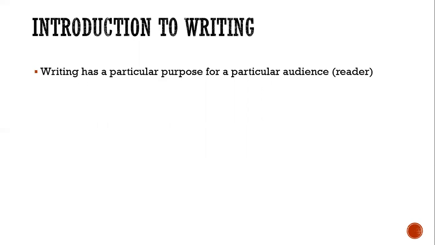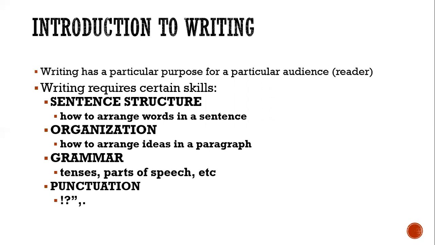As communication students, you need to be able to write, or even do simple things such as writing a letter or filling out a form. There may be times that you have to do writing in English. So writing requires certain skills.